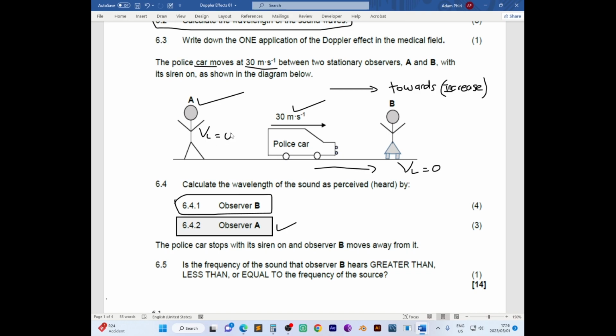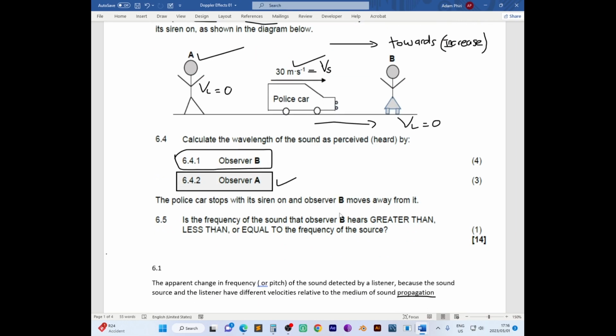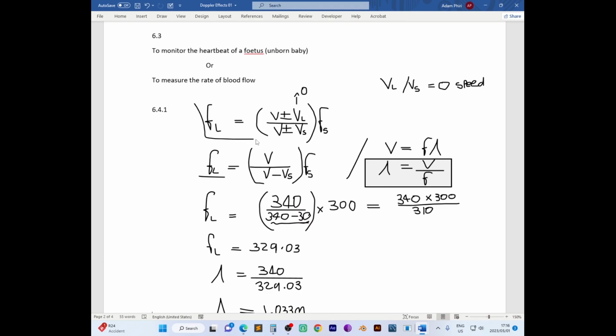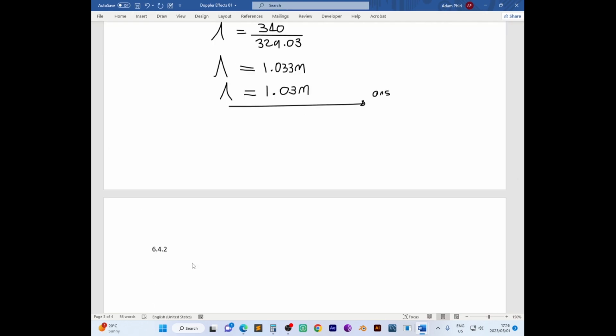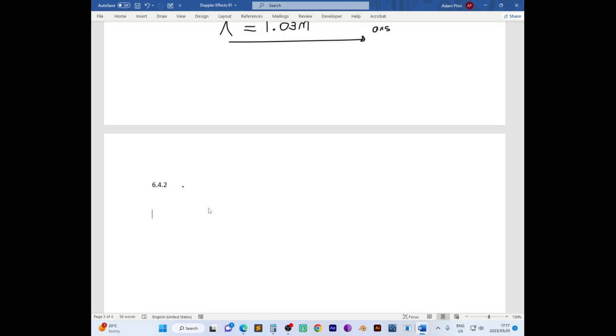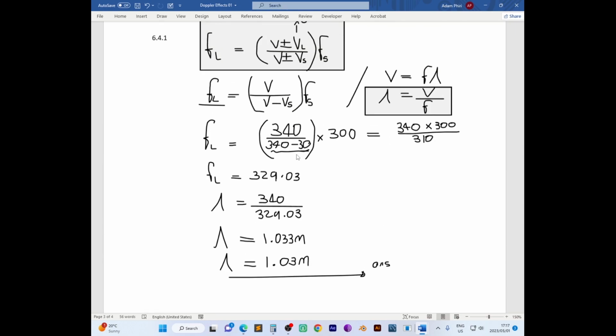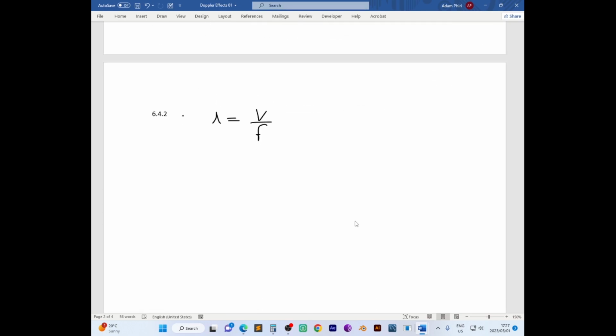Observer A, VL is 0, it's not moving, and then the car is moving. What do you expect the frequency to be? We take the general equation there, and once again we have to write the full equation, but we know our target is wavelength, which will be the constant speed of sound in air divided by frequency.